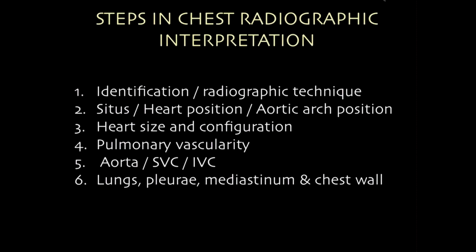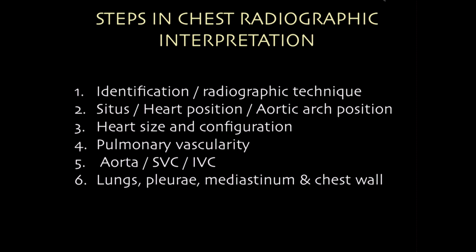Okay, so what I recommend is these 6 steps: look at the identification and radiographic technique, whether inspiration is good enough or whether there is any obliquity, and then determine the situs first and define the heart position and aortic arch position.